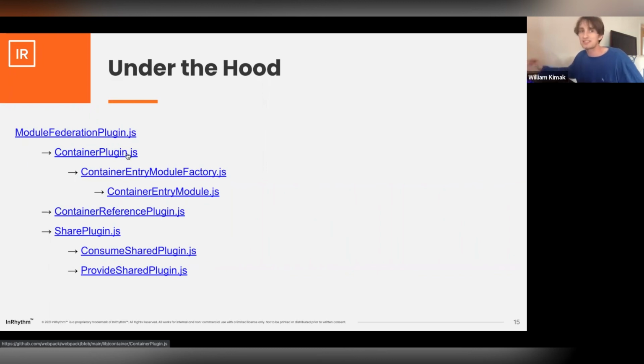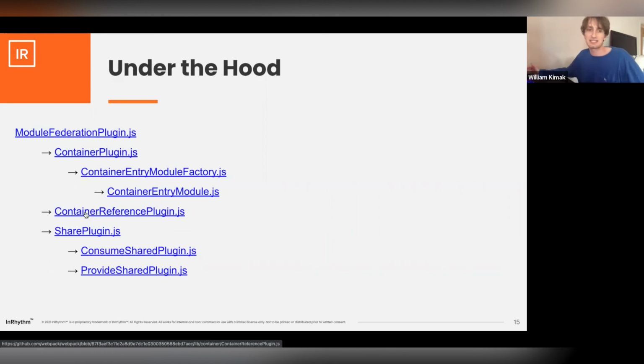If it only contains that exposes key, the container reference plugin won't be instantiated because it's not acting as both a host and a remote. So technically, if you have an application like the navigation that's only exposing something, you can just use the container plugin. And then it's vice versa for the container reference plugin.